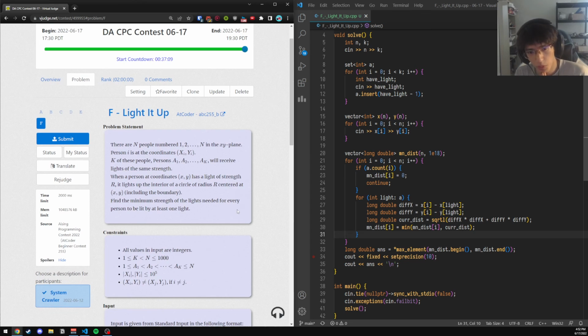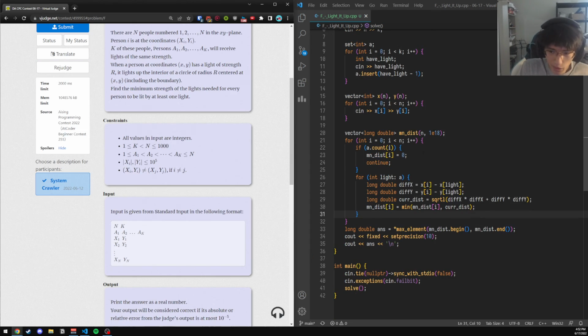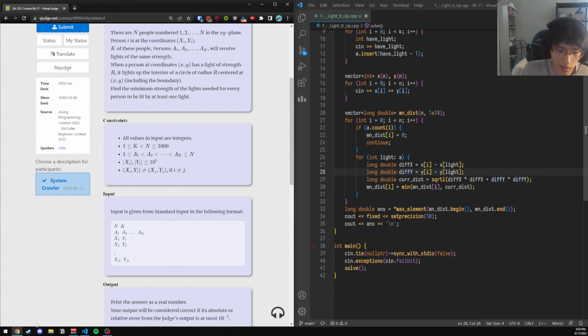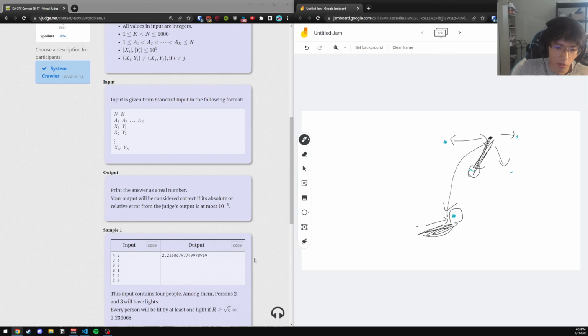So there are a lot of steps to it, but what you're doing isn't that hard. What you're doing is just comparing against the other people with lights and calculating distance, and these are all not that hard.